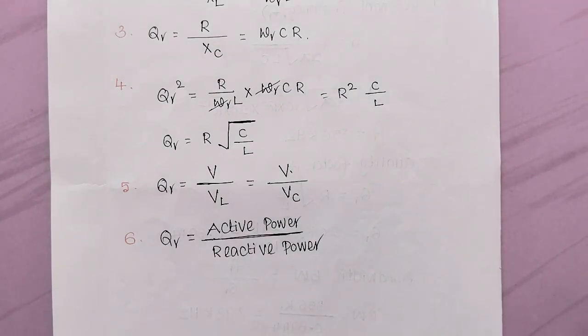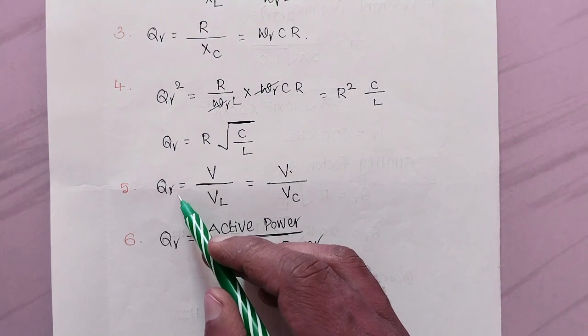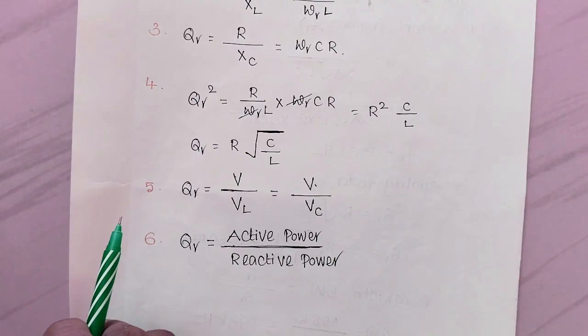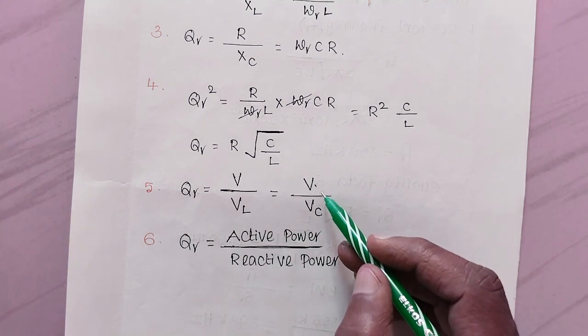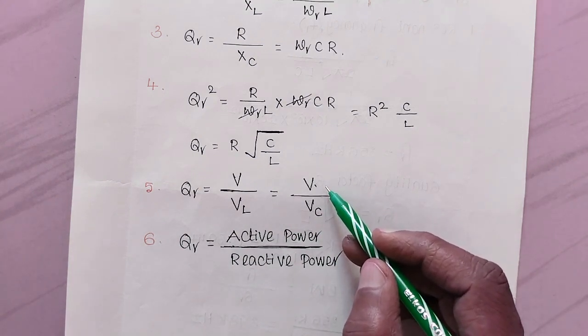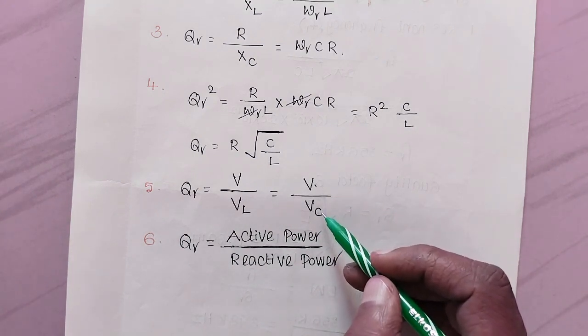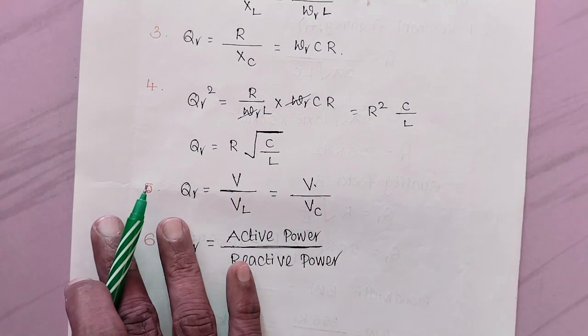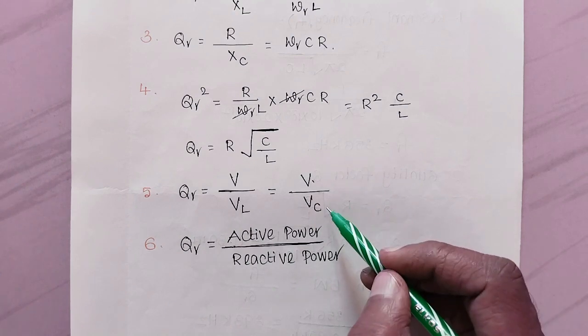Similarly, if we know the supply voltage and the voltage across the inductor at resonance, then the quality factor of a parallel RLC circuit at resonance is V by VL. If you know the supply voltage and the voltage across the capacitor, then the expression for the quality factor is V by VC.